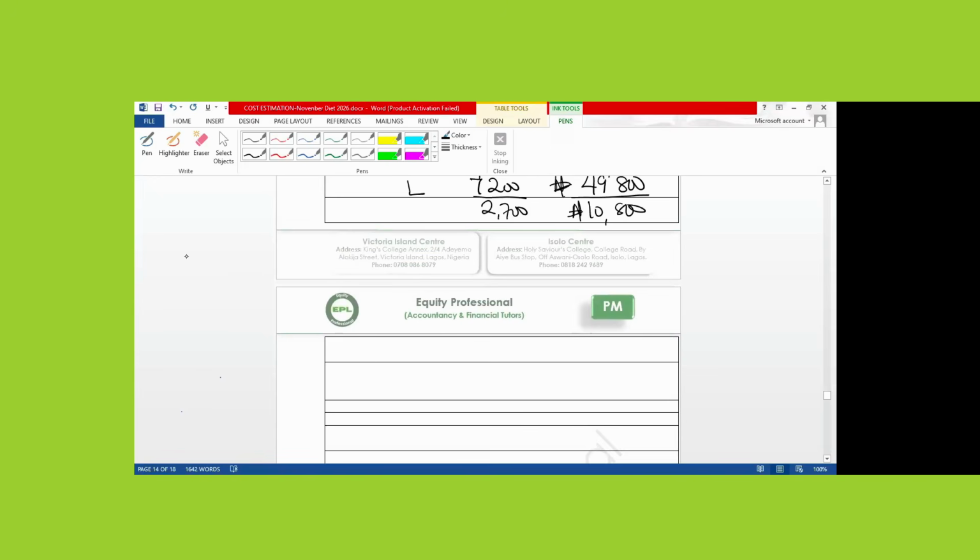So you now get our variable overhead per unit.